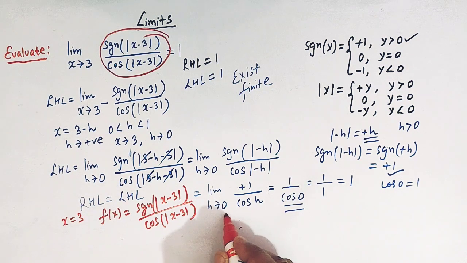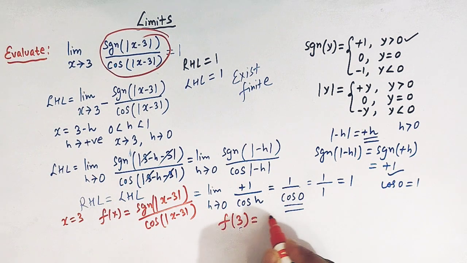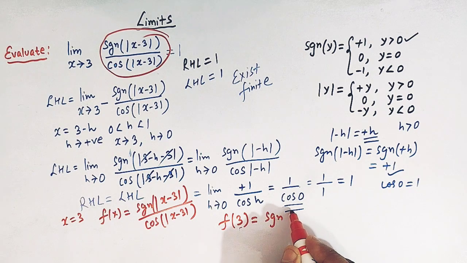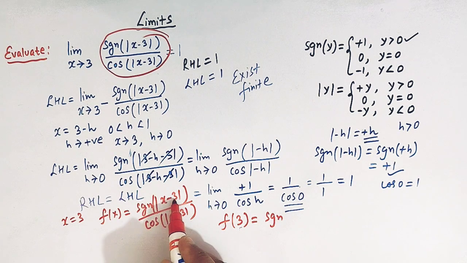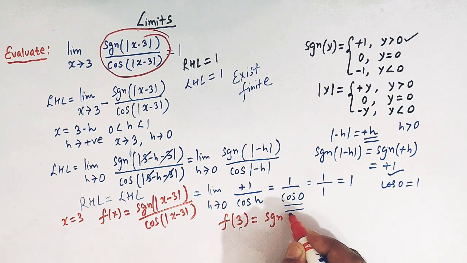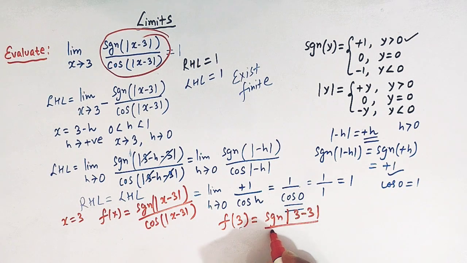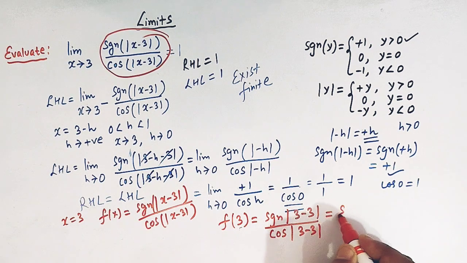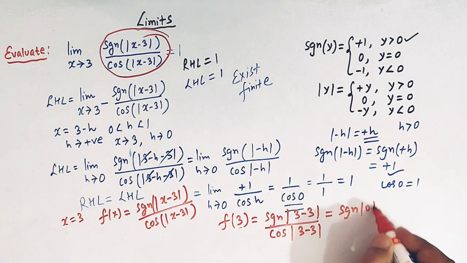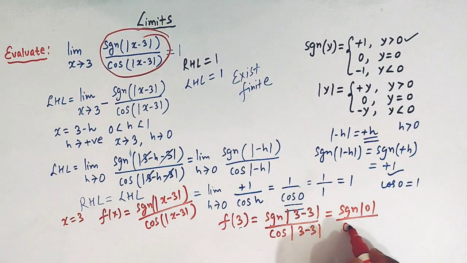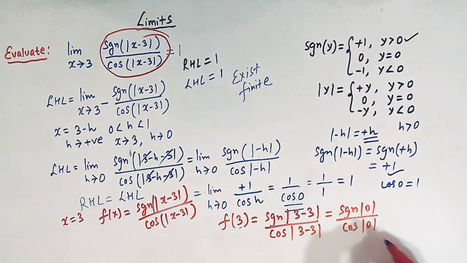So f of 3 is now equal to signum of mod of 3 minus 3, and in the denominator we have cos of mod of 3 minus 3, right? So this is signum of mod of 0, and here we have cos of mod of 0, right?